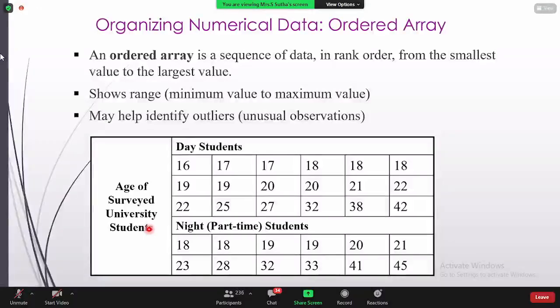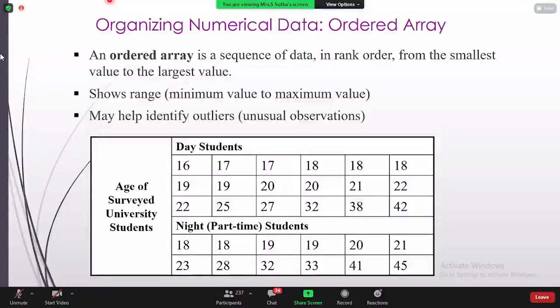Then whether it is a discrete variable or a continuous variable. Continuous. Why is it continuous?